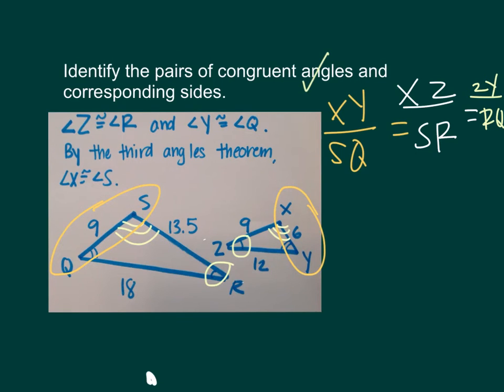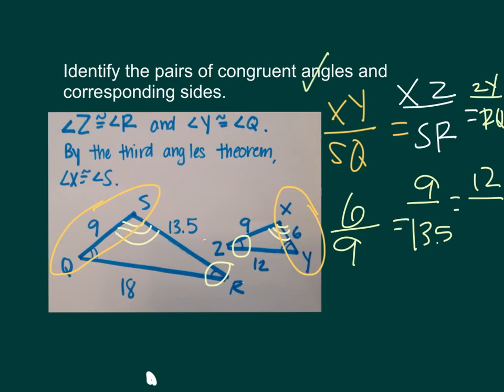So side XY is 6, side SQ is 9, side XZ is 9, side SR is 13.5, side ZY is 12, and side RQ is 18. So based on the information, can we say, in fact, that this is a true proportion and that these figures are similar? What do you think?